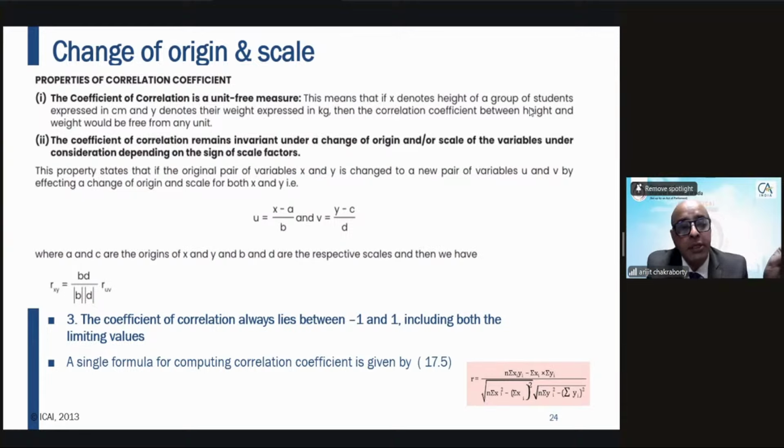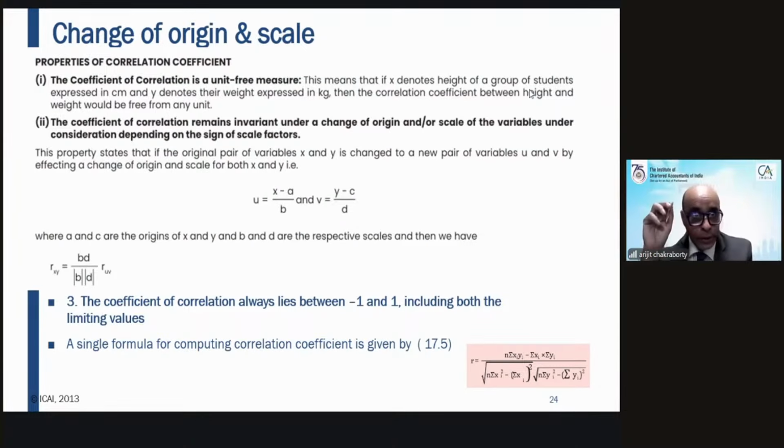That means the property states that if the original pair of variables X and Y is changed to new variables U and V, such that there is a change of origin and a change of scale, then Rxy is equal to B into D divided by, देखिए नीचे mod D, modulus D and modulus B दिया हुआ है.